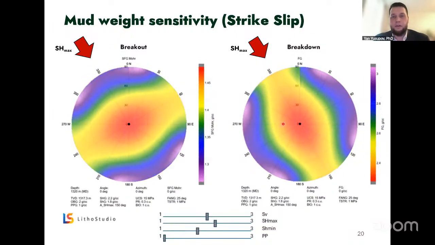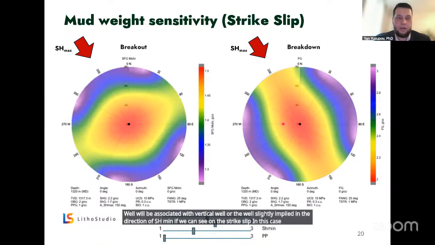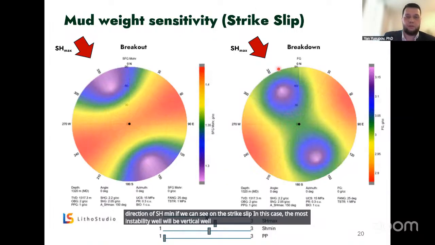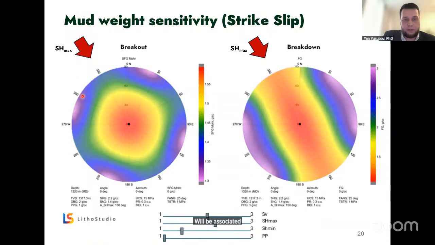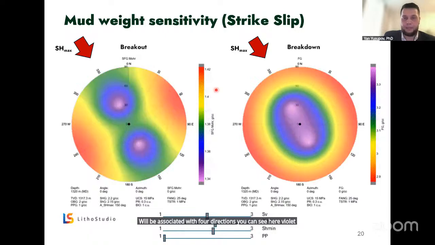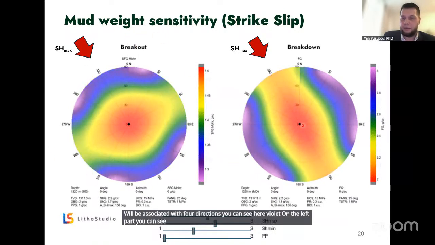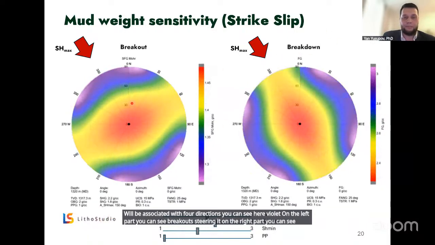If we look at the strike slip, in this case the most unstable well will be the vertical well, but the most stable wells will be associated with 4 directions. You can see here in violet. On the left part, you can see the breakout stereonet. On the right part, you can see the breakdown stereonet.